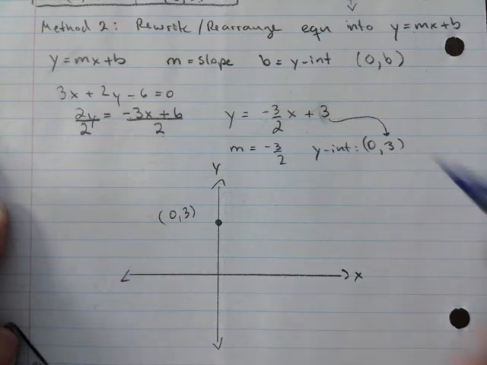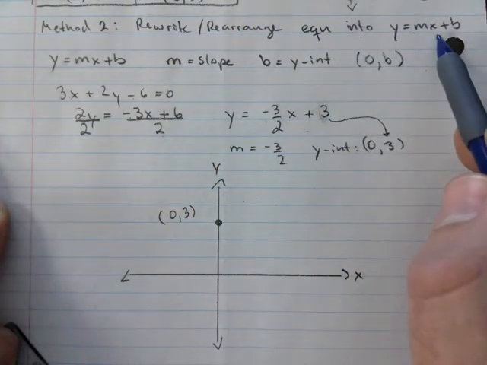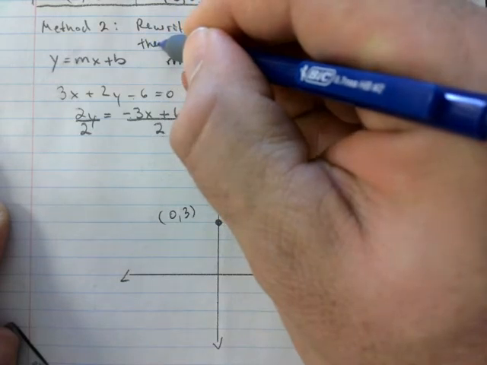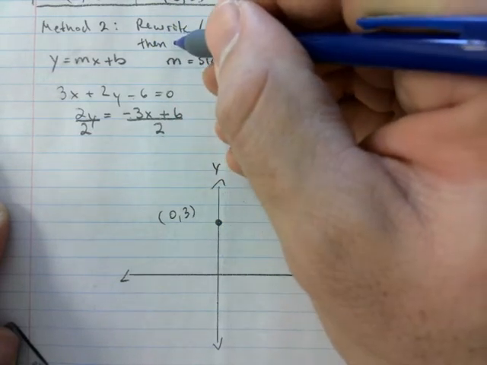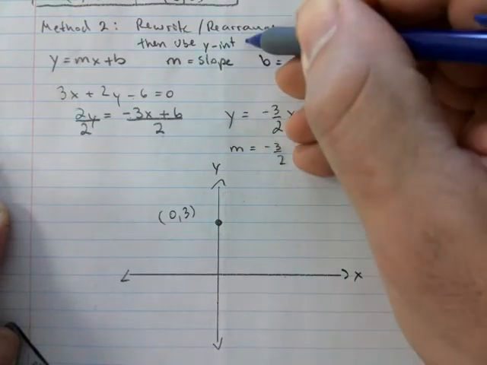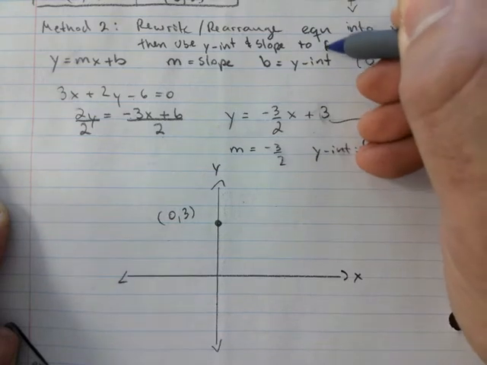And I cut it short here. Rearrange equation into this. And I need to add a line. I don't know if you have space. I hope you do. Then use y-intercept and slope to find points.